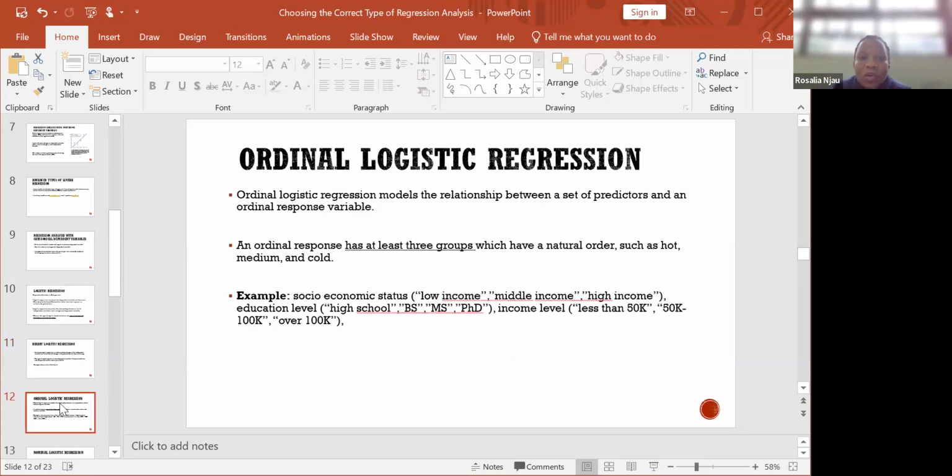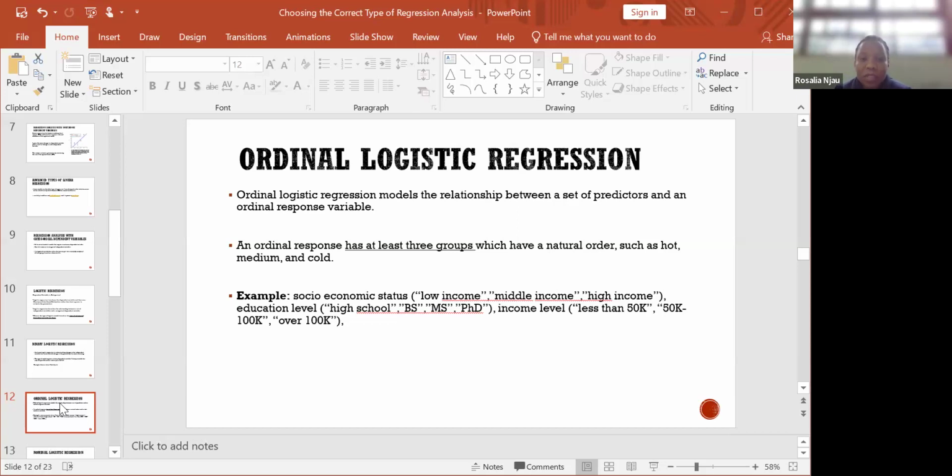Coming to ordinal logistic regression, this model is chosen when there's a set of predictors and an ordinal response variable, meaning the dependent variable. The dependent variable here has at least three groups which have a natural order, such as hot, medium, or cold.